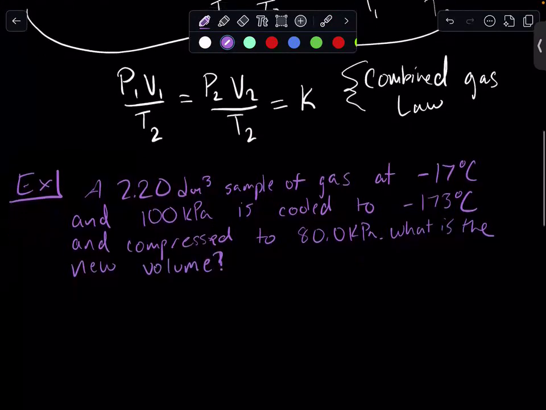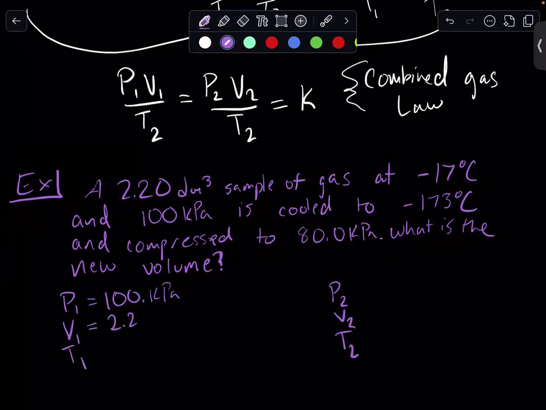So before we even solve this, what we need to do is identify our P1, V1, and T1, and we'll also identify our P2, V2, and T2. So pressure one is 100 kilopascals. Volume one is 2.20 decimeters cubed.